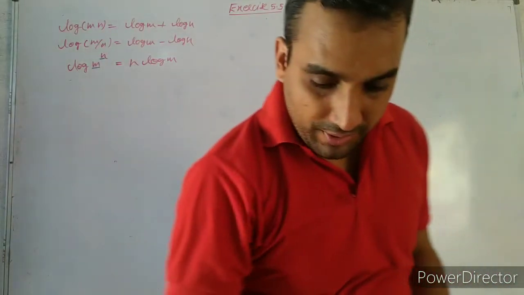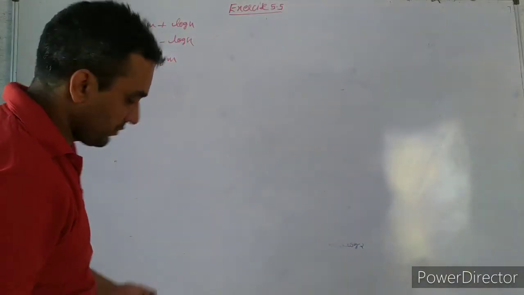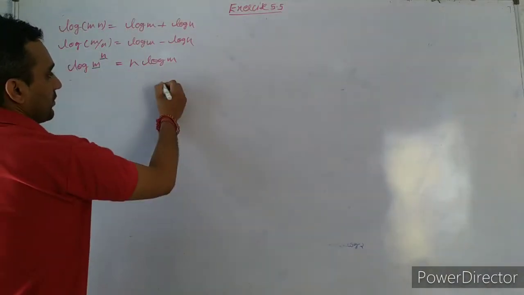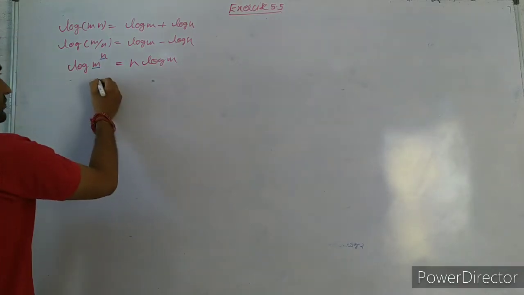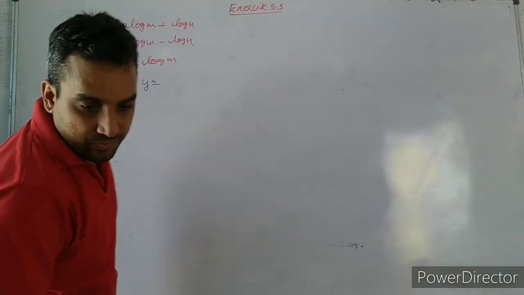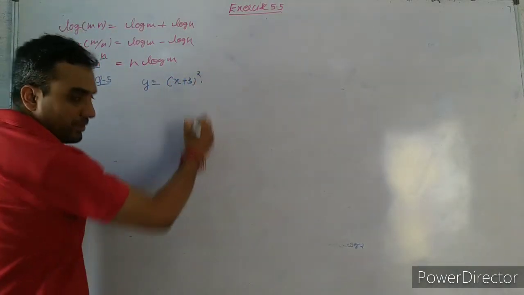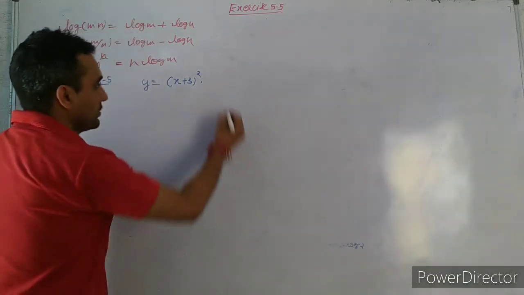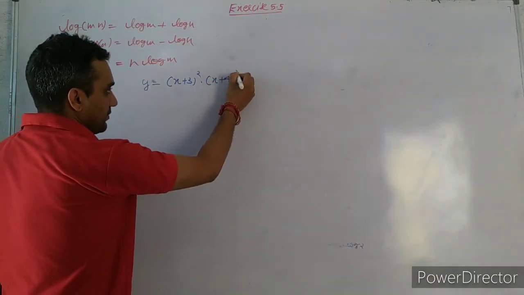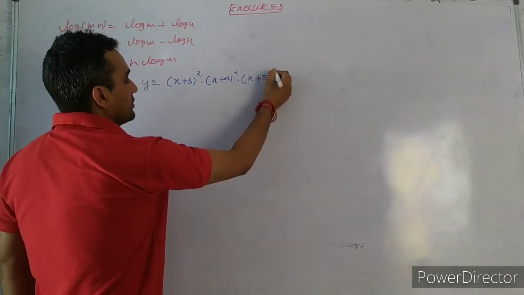In question number 5, we have y equals x plus 3's whole square, dot x plus 4's whole square, dot x plus 5's whole square.